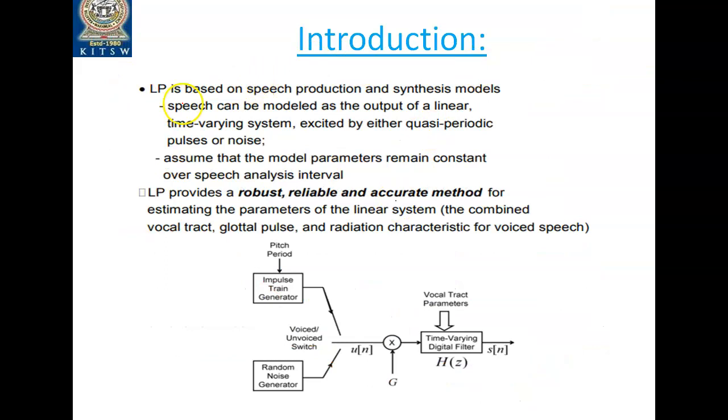Now, LP is based on the speech production and synthesis models, because the output of speech is a linear time varying system, which is excited by either quasi-periodic pulses or noise pulses. This is the complete speech production model, as we mentioned in the previous video.